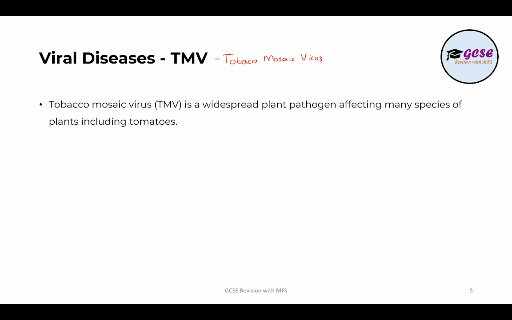It's a widespread plant pathogen. So this pathogen affects plants, and it's affecting many of the species in today's world, including tomatoes.